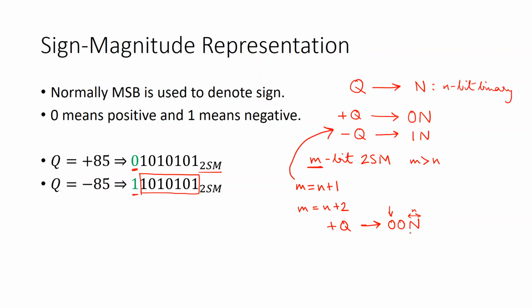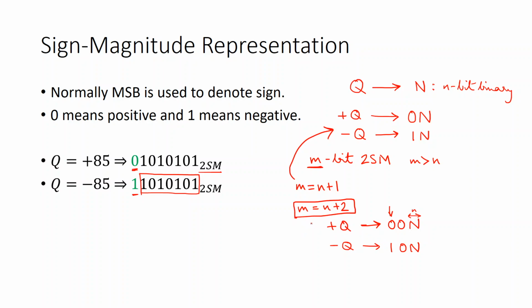Since the magnitude is represented by n bits, but I need another additional bit here, of course this bit will be 0. Similarly, for minus Q, the first bit will be 1, but this extra additional bit that I have to fill in, because I have to use n plus 2 bits, since the problem is given that way.